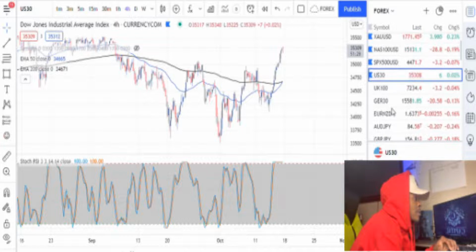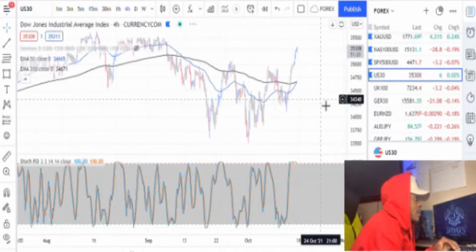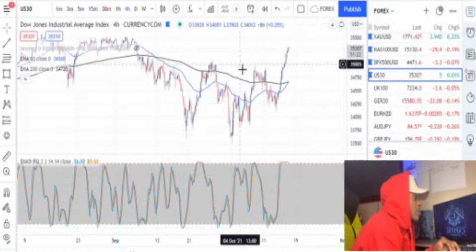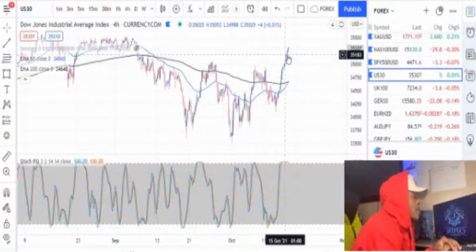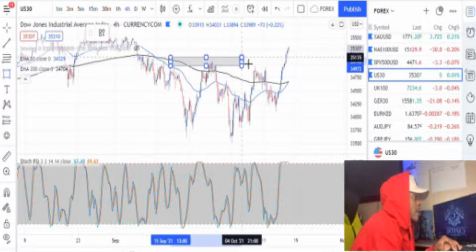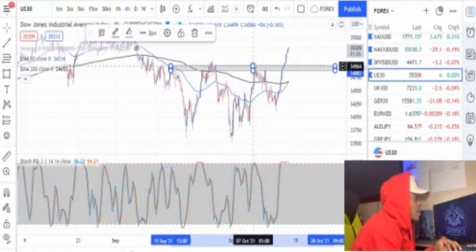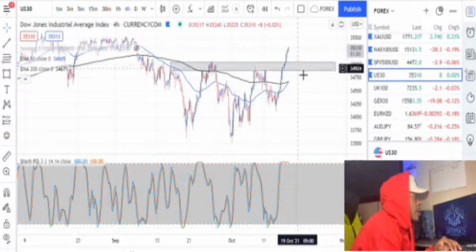I just want to see what US 30 looks like. Yeah, it looks about the same as Nas and SPX, but it has really broken structure. It has now broken these lower highs, and it's about to create a new high. So for me to enter in on US 30, I would have to see a retracement back down to this structure level, or our past supply zone. I have to see a retracement back down.